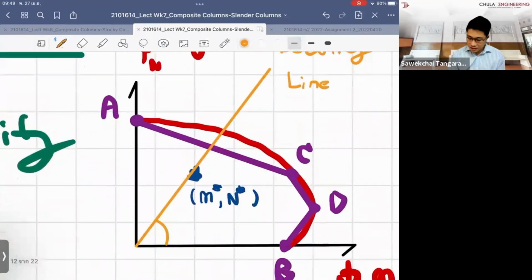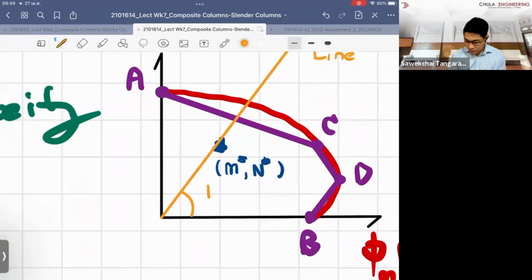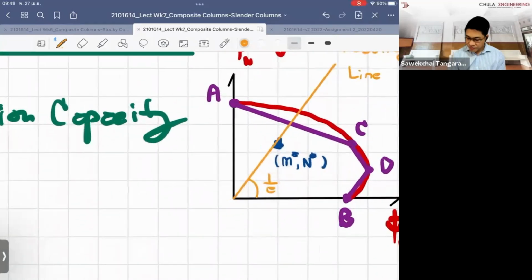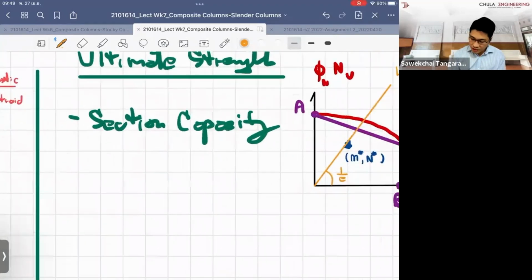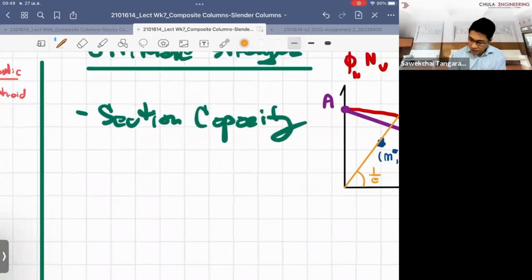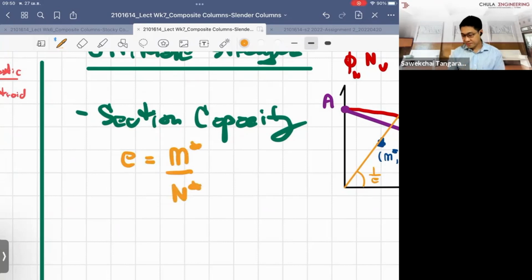And it's linear because you can easily say that e is equal to M star divided by N star.